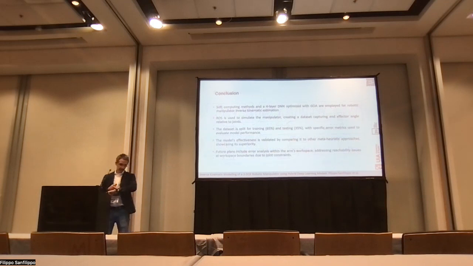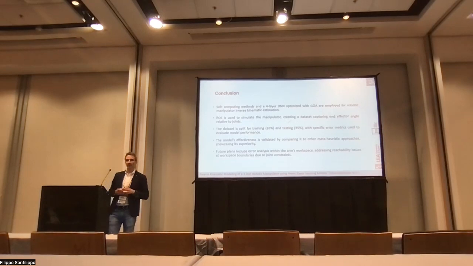So just to conclude, in this work, we have implemented the metaheuristic algorithm based on the Garnet optimization approach, and we have combined it with a deep neural network to solve the inverse kinematic problem of an industrial robotic arm.